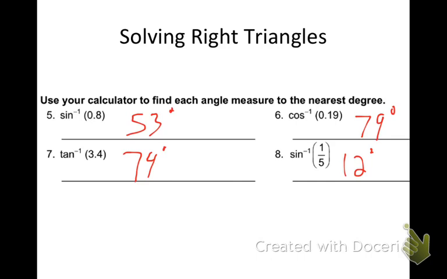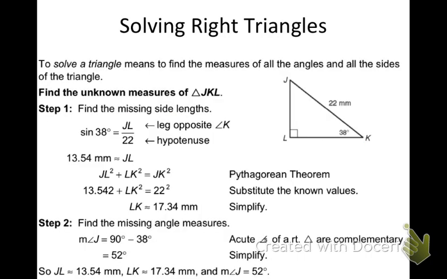Okay. So we're now going to use these inverse functions to solve a triangle. Solving a triangle means to find the measures of all the angles and all the sides of the triangle. Now, we can use trig functions for all this. But let's not forget everything we've already learned about triangles. For instance, the interior angles of a triangle add up to what?